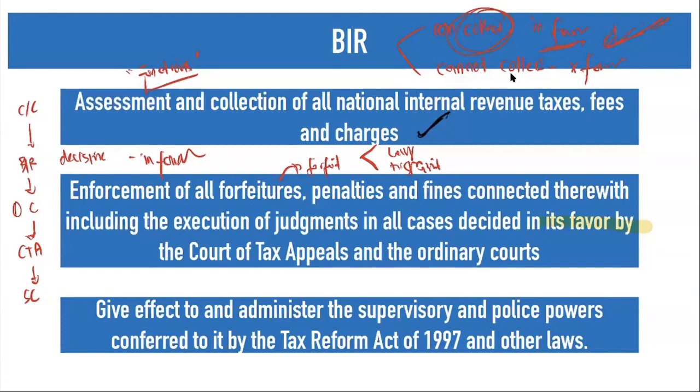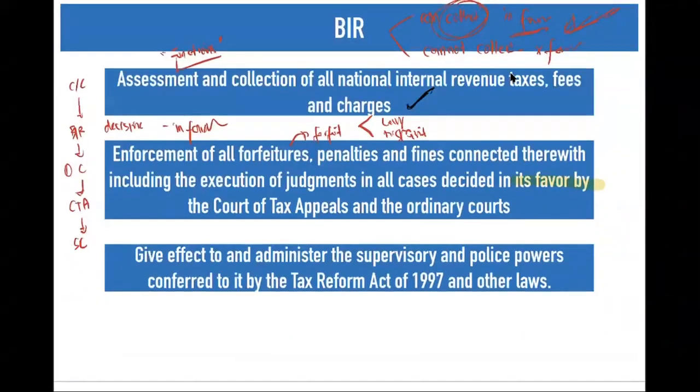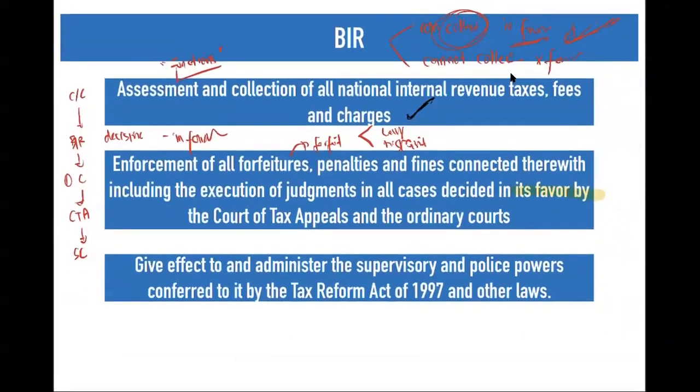Another function of the BIR is to give effect to and administer the supervisory and police powers conferred to it by the Tax Reform Act of 1997 and other laws. Now, this is actually basic in law: if there is a law which grants power to a particular administrative agency or institution, that law must be given effect.